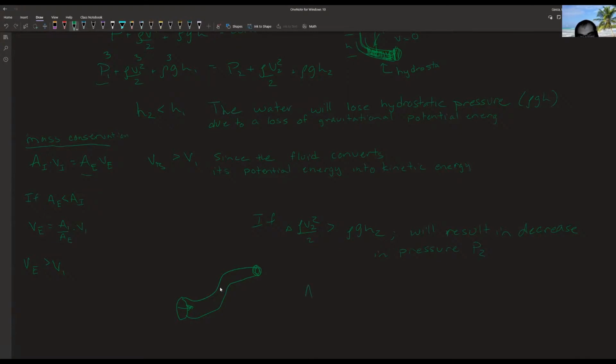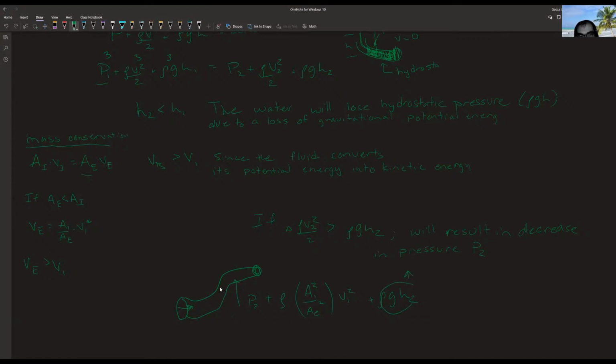So this becomes like A squared inlet over A squared exit. And I'm just taking this guy here times V1 squared. That's really this guy times rho, plus rho g h2, plus P2. So let's say I gained a lot of potential energy. This guy's going to go up a lot.